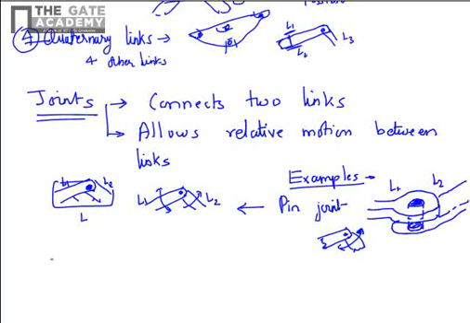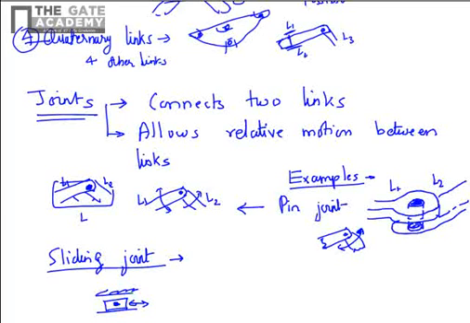Another example would be a sliding joint. The sliding joint we see in the case of internal combustion engines. There we see a piston moves inside a liner, so there is a cylindrical surface of contact.